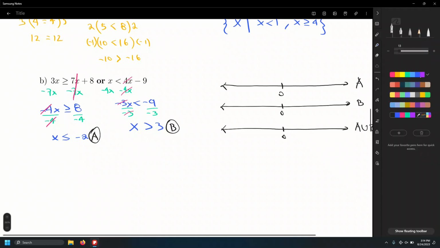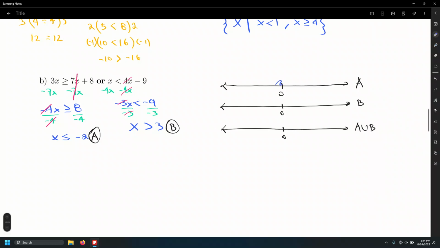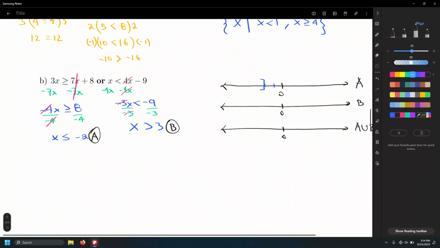So I'm going to go negative 1, negative 2 with a bracket, because it includes the equal part. It's less than or equal right here.